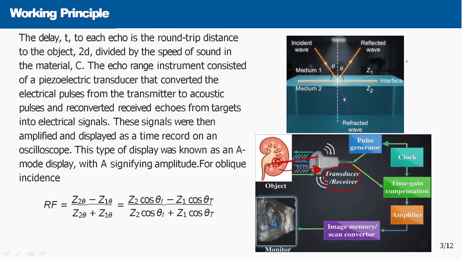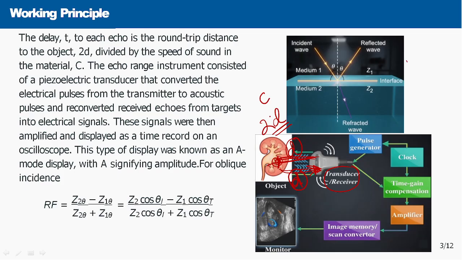If this path is D, it is moving to this obstacle, hitting that and coming back. This reflected path is also D. So the transmitted path is D, the reflected path is D, and the total path is 2D. And if we know the velocity of the acoustic signal inside the tissue, that is equal to C.